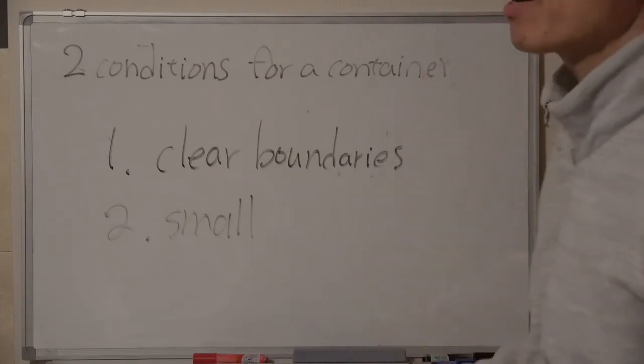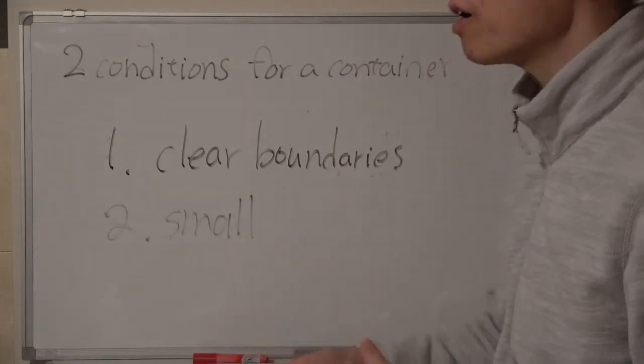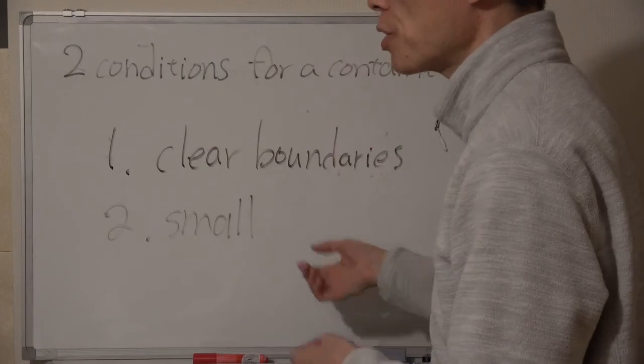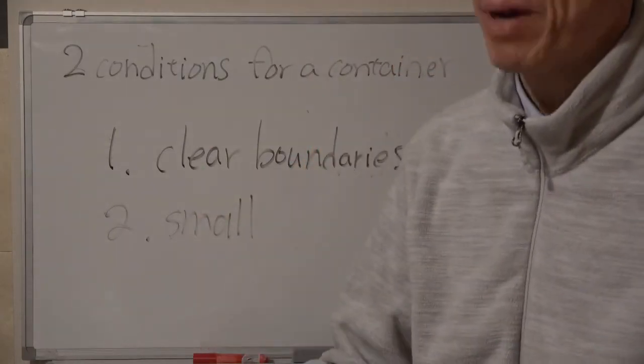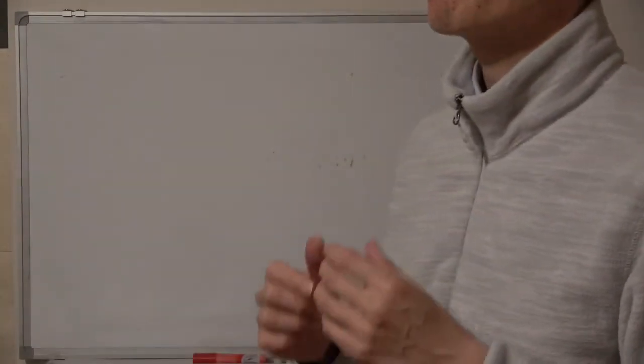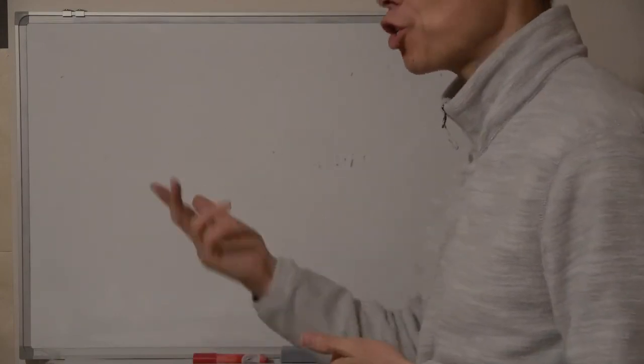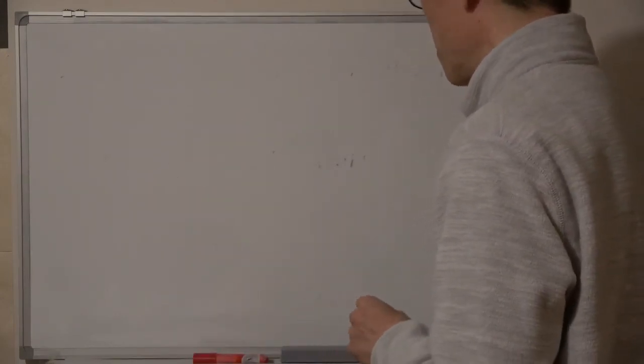Now, let's transplant or transfer these two conditions into progressive aspect. Here's what I mean. Because the progressive aspect is a container, the progressive aspect has to meet the two conditions.